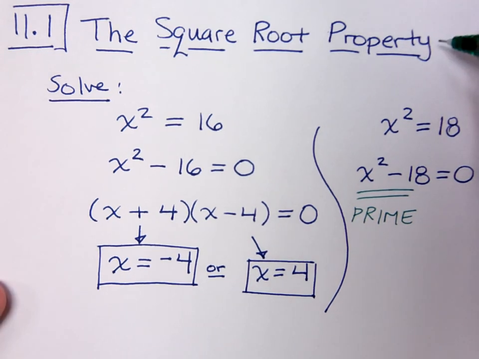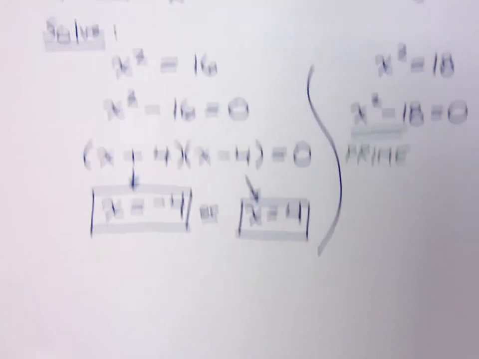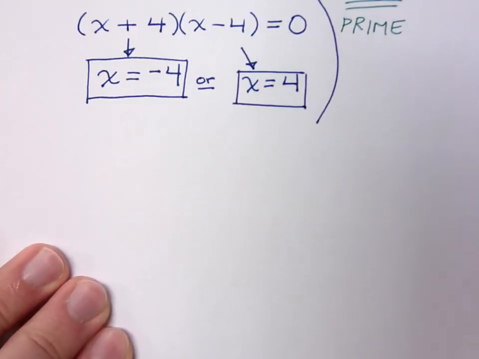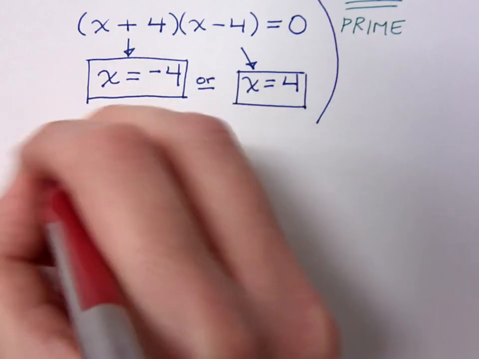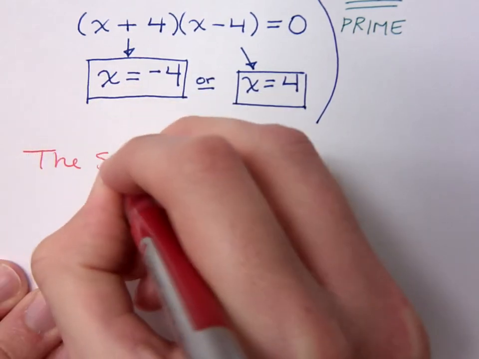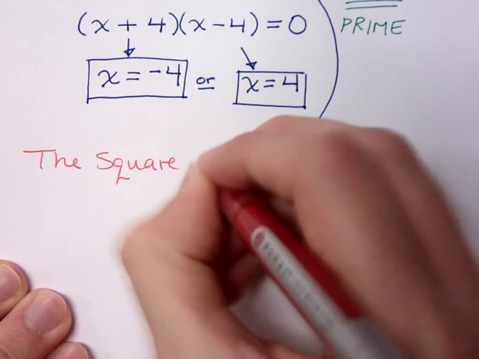The title of this section is about the square root property. There's another part of this called completing the square, and we'll get to that later. But here's what the square root property says.